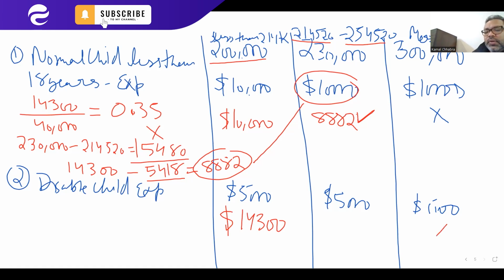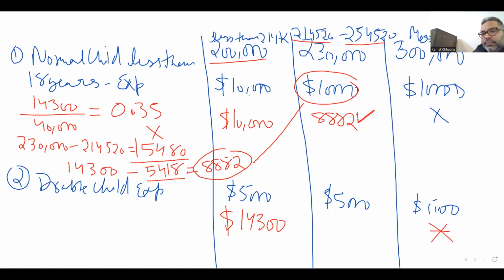And in this case, you will not get anything because you are exceeding the limit. And how much you'll be getting over here is 8,882, because your income is $230,000. Make sense?